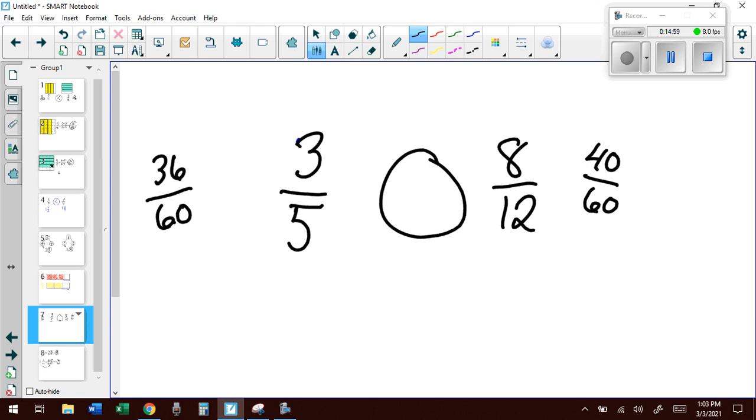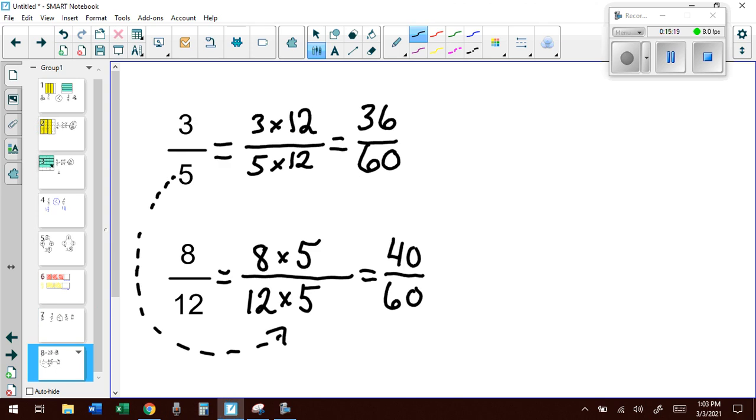Which is greater? 36/60ths or 40/60ths? 36/60ths is less than 40/60ths, which means that 3/5 is less than 8/12. We use the power of finding a common denominator to solve two fractions with unlike denominators.